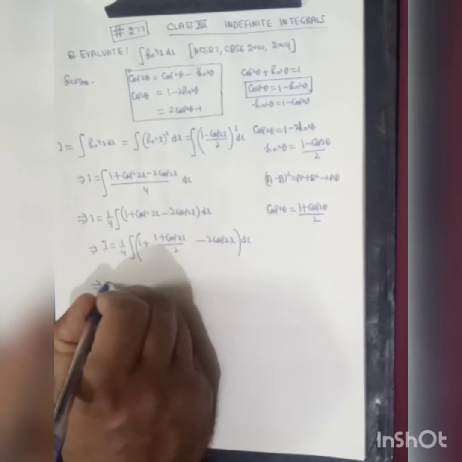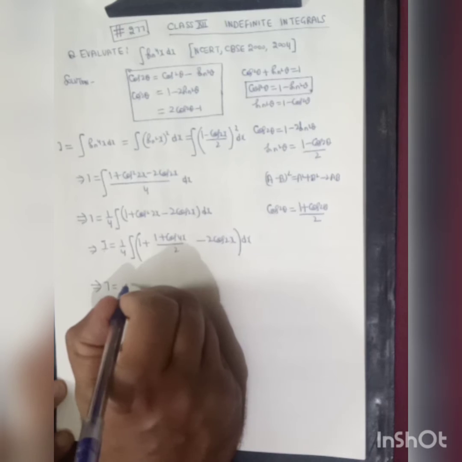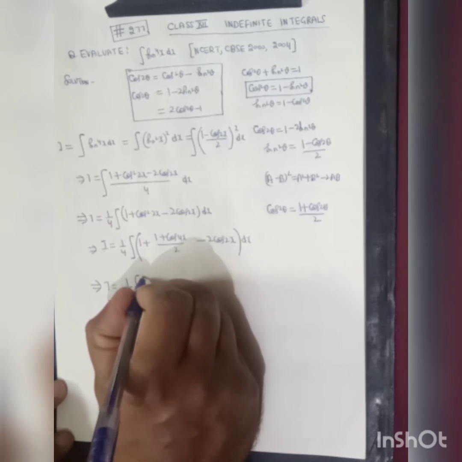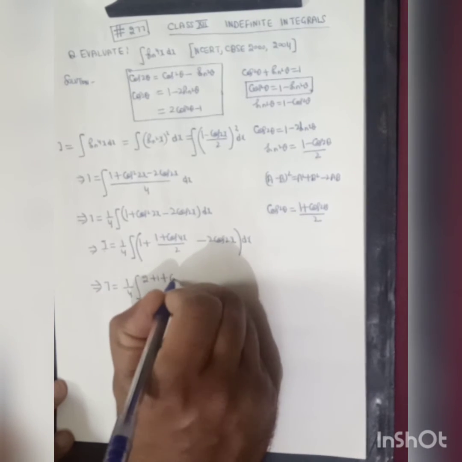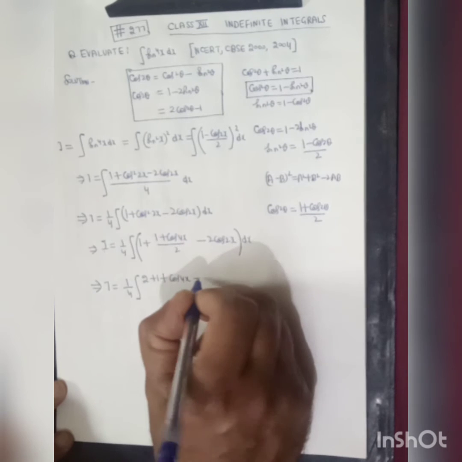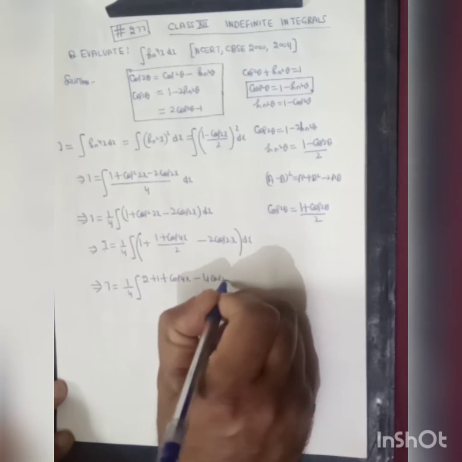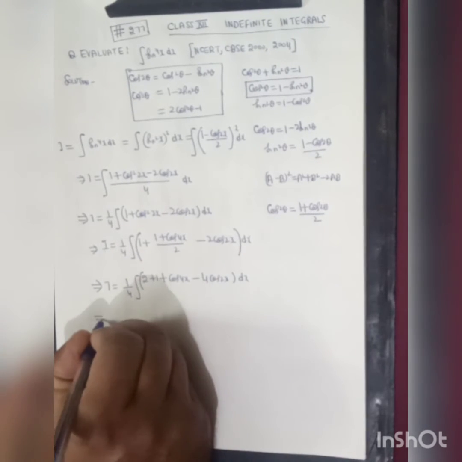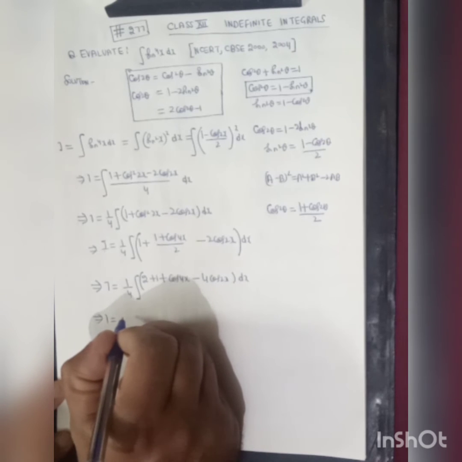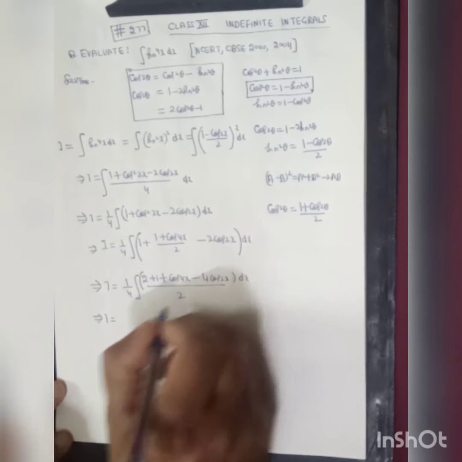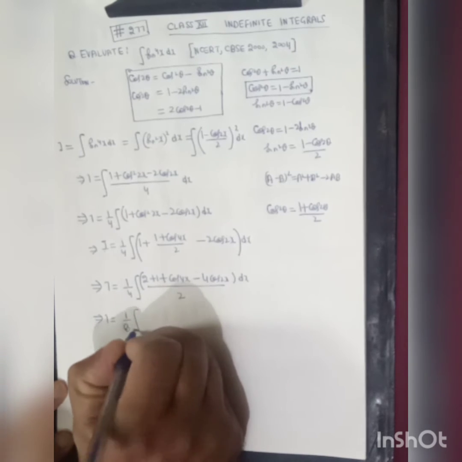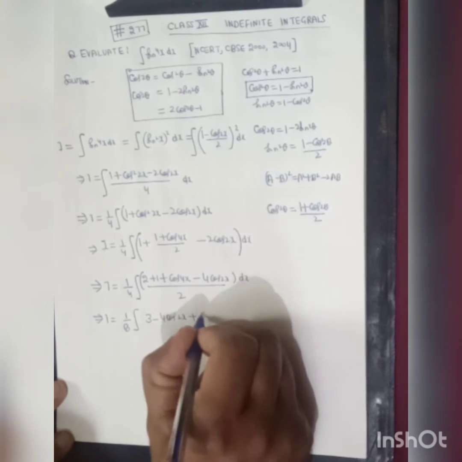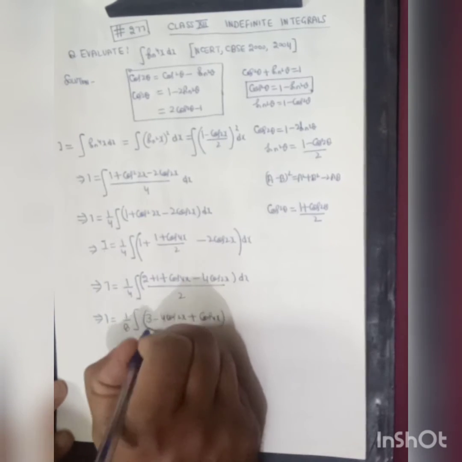So this further can be written as I is equal to 1 upon 4 integral of (2 plus 1 plus cos 4x minus 4 cos 2x) divided by 2 dx. This further can be written as I is equal to 1 upon 8 integral of (3 minus 4 cos 2x plus cos 4x) dx.